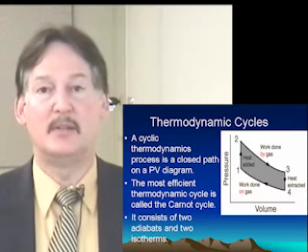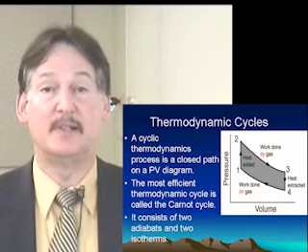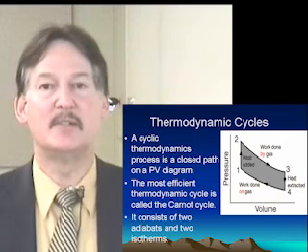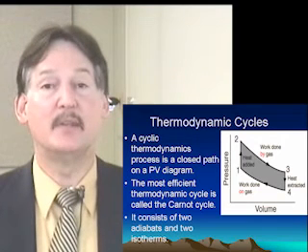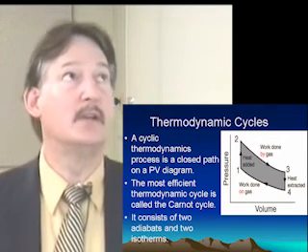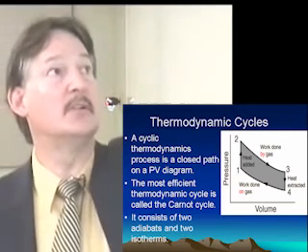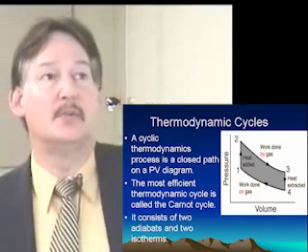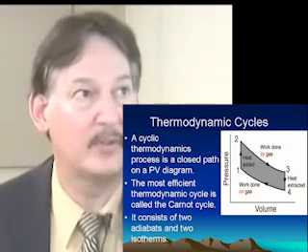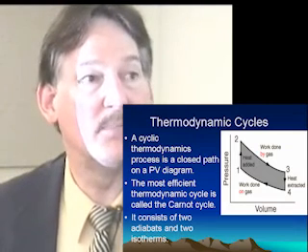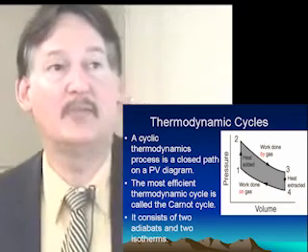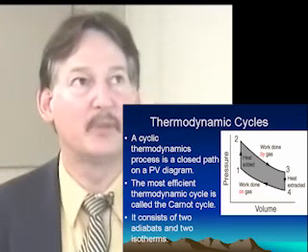Now, the shape of the pressure-volume cycle is dependent upon what processes appear in that cycle. Here we have a typical closed path pressure-volume diagram. Notice that in this path we plot pressure as a function of volume, and we have 4 points.